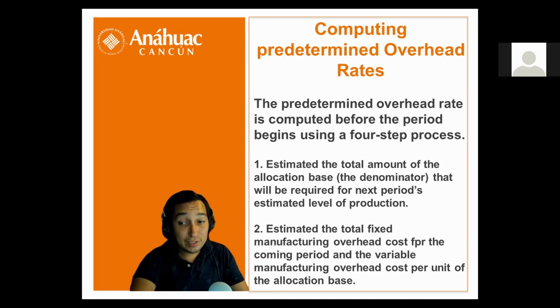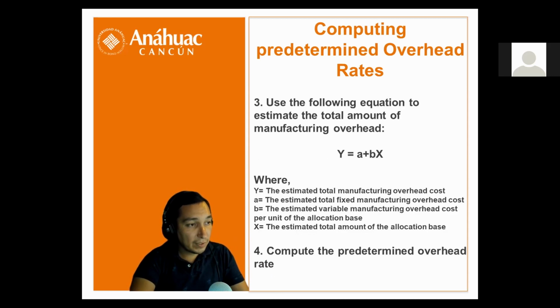We're going to use the following linear function to estimate the total amount of manufacturing overhead. All they are saying is that we add together the fixed plus the variable times the level of activity and get the total estimated MO for the period.